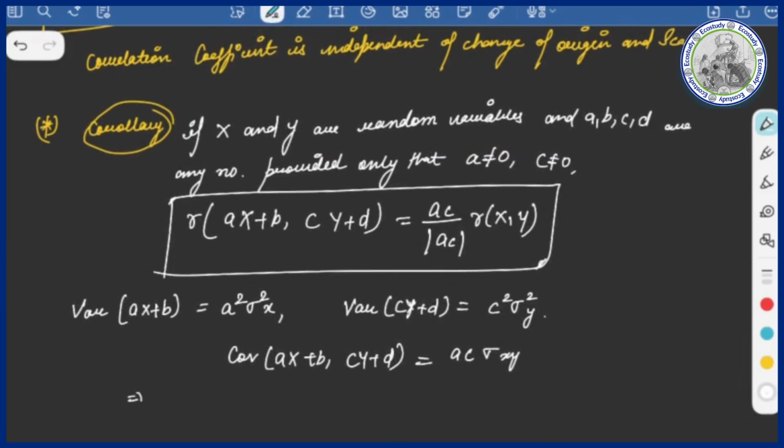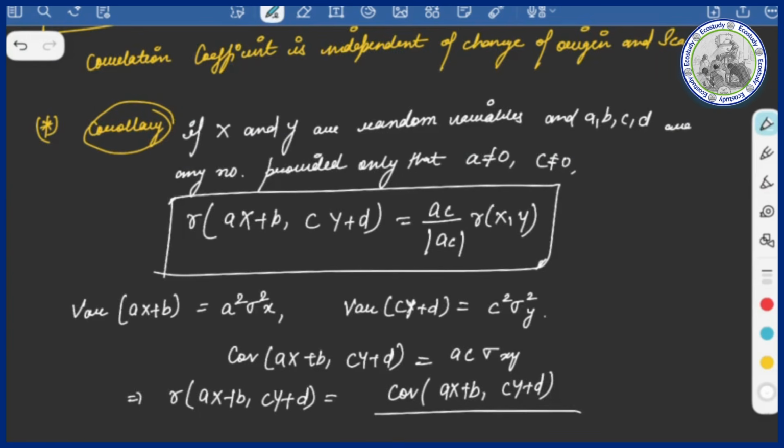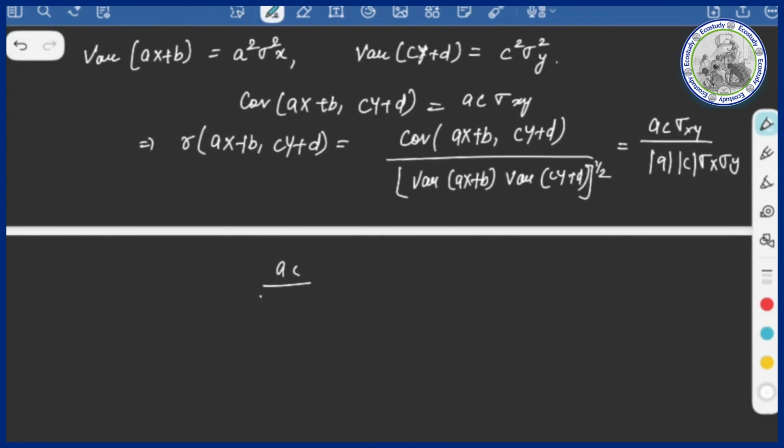Now just put it in, and you will get the correlation of ax plus b, cy plus d, divided by variance of ax plus b, variance of cy plus d to the power half, which is equal to ac sigma xy divided by modulo of ac sigma x sigma y. When we take this out we will get r xy. So this is the formula.